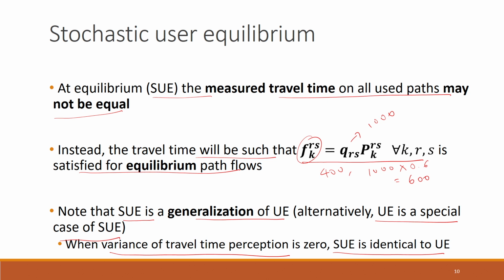This variance comes solely from the variance of the error terms that we assume in the travel times. So if the variance of those error terms is 0, then the perceived travel times will also have 0 variance, that is, they will be deterministic, because the measured travel times are anyway deterministic.